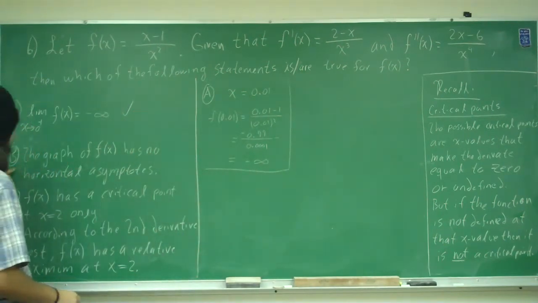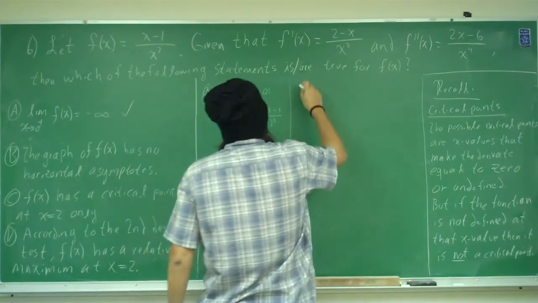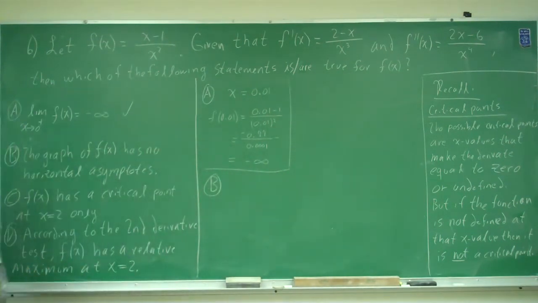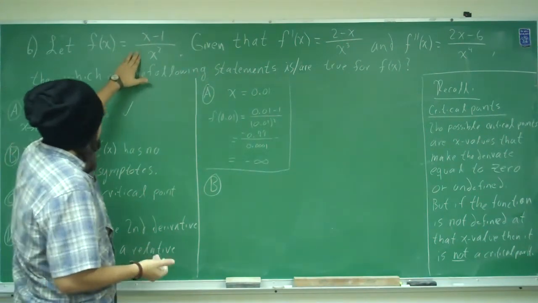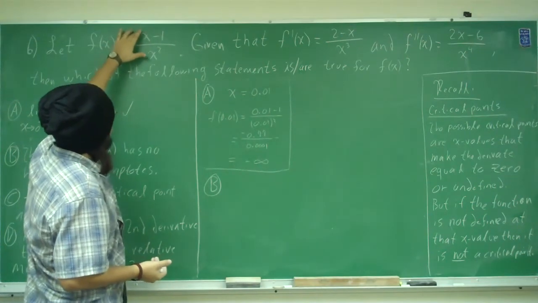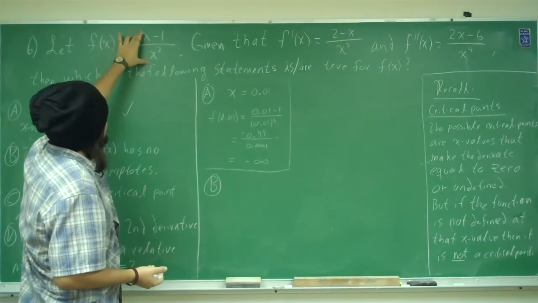Alright, B. B says the graph of f of x has no horizontal asymptotes. Is this true? We look at f of x. In order to find the horizontal asymptote, we take the highest degree of the numerator and divide it by the highest degree of the denominator.